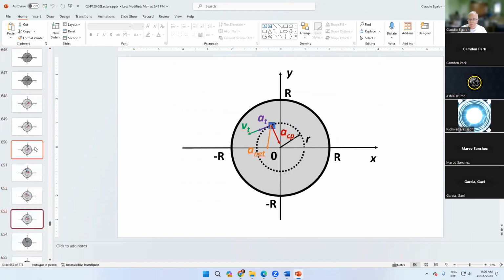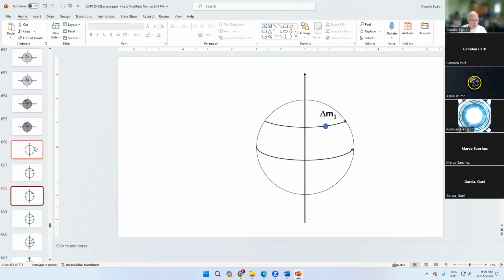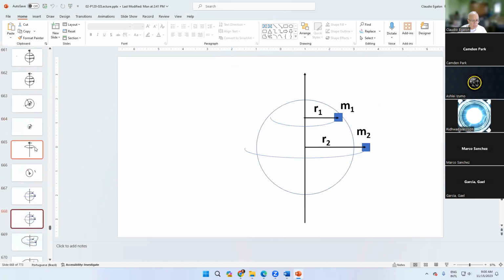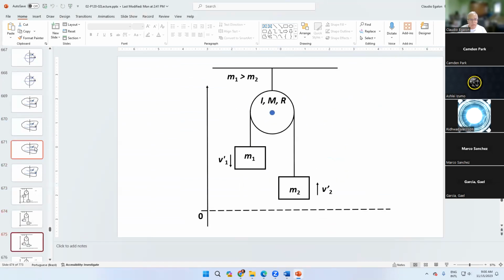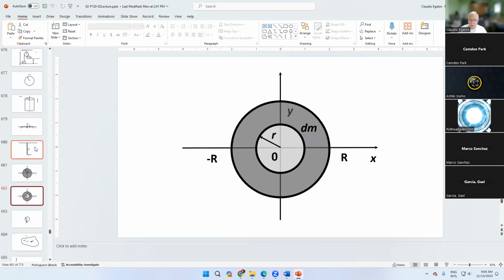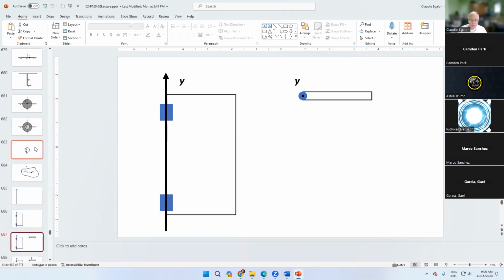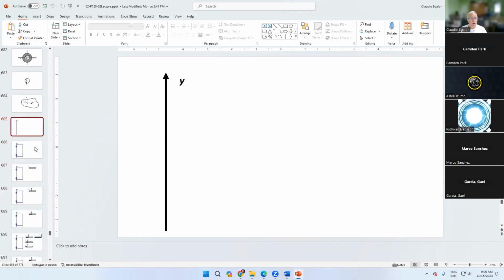And that's the angular quantity. That's chapter 8. And let's take a look. Okay, right in here, just reviewing what we saw before.